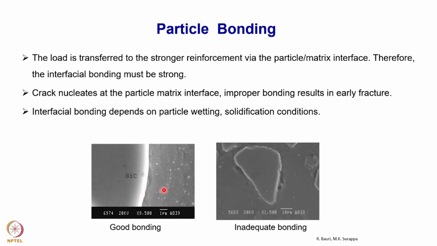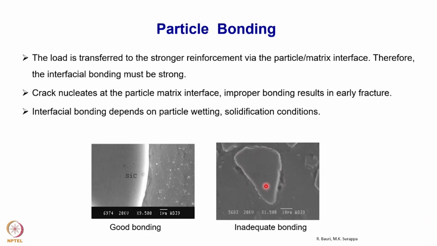Only when you have a bonding like this can you expect better properties in the composite. Otherwise, even if you have these particles added to the metal, you may not have better properties, rather you might have inferior properties compared to the monolithic metal.